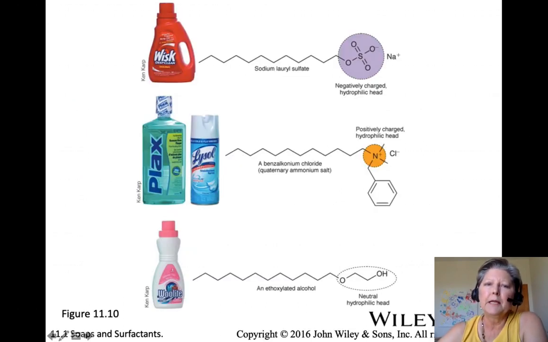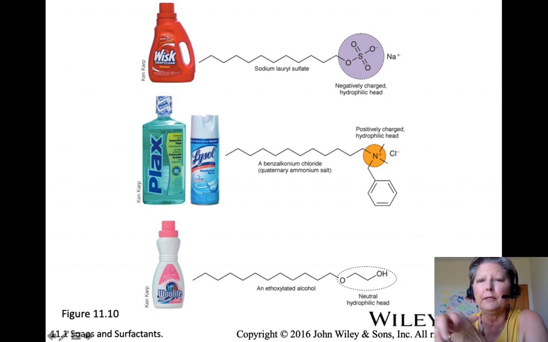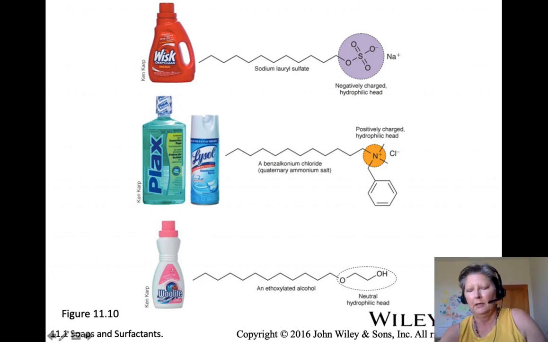So here, for example, a Wisk clean laundry detergent, I assume that's the laundry detergent, has a sulfate group as an anionic group. And this Lysol has an ammonium, which is a nitrogen with a positive charge, and chloride with a negative charge. That would be a cationic group.